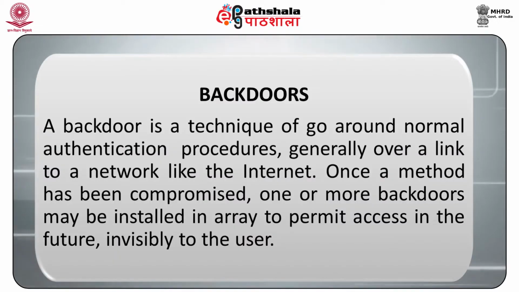Backdoors. A backdoor is a method of bypassing normal authentication procedures, generally over a connection to a network such as the internet. Once a system has been compromised, one or more backdoors may be installed in order to allow access in the future, invisibly to the user.